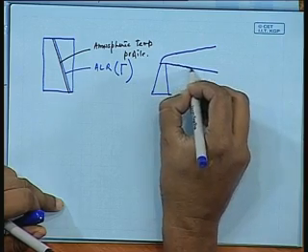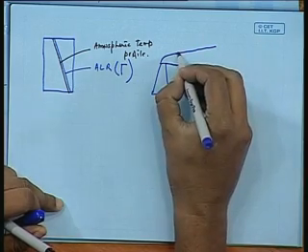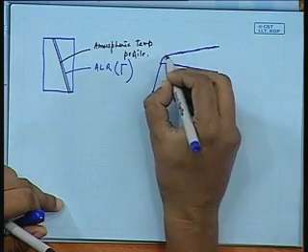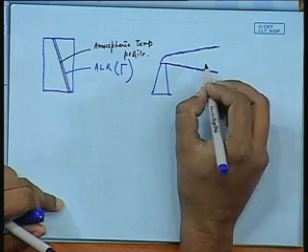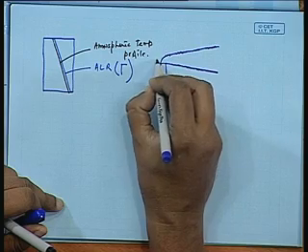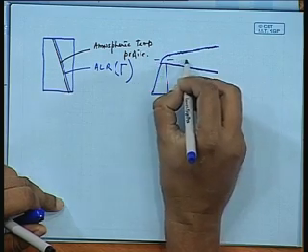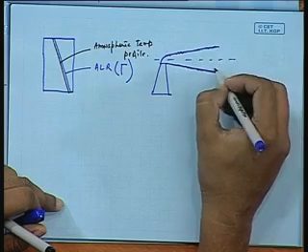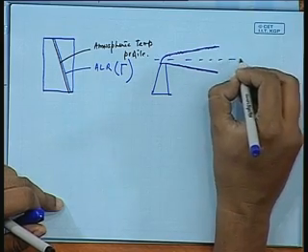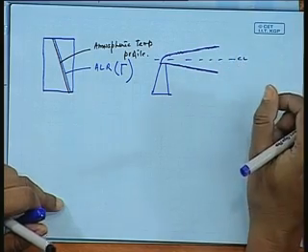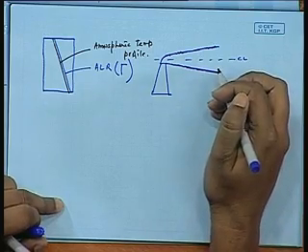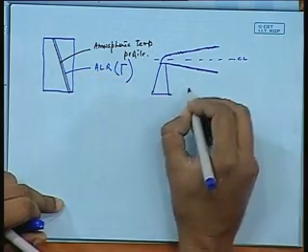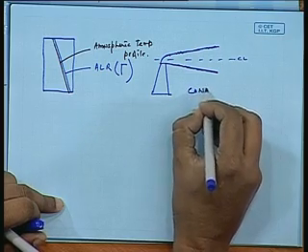There would be some changes in this, but it would be symmetrically distributed along a central line. This particular situation is known as coning.